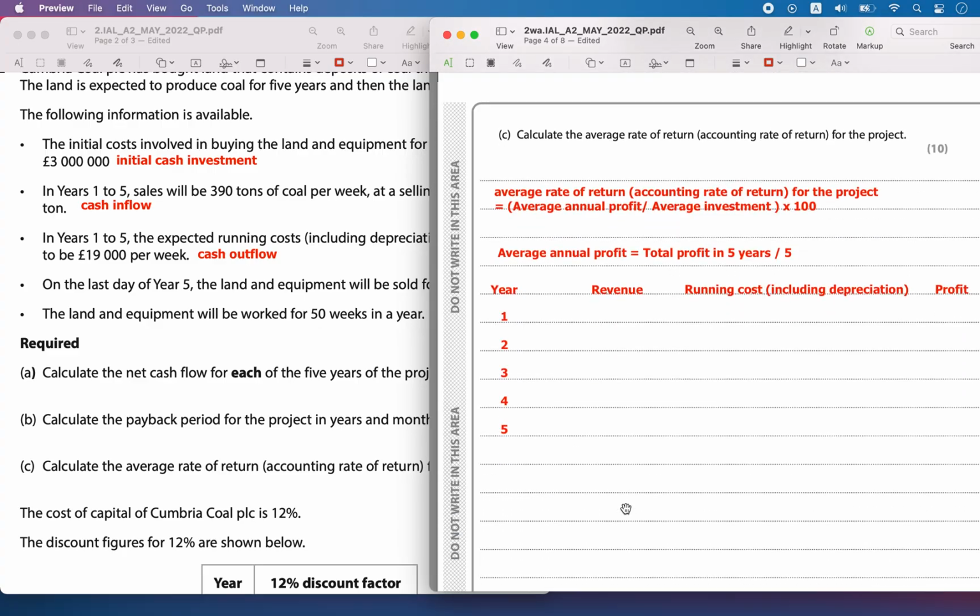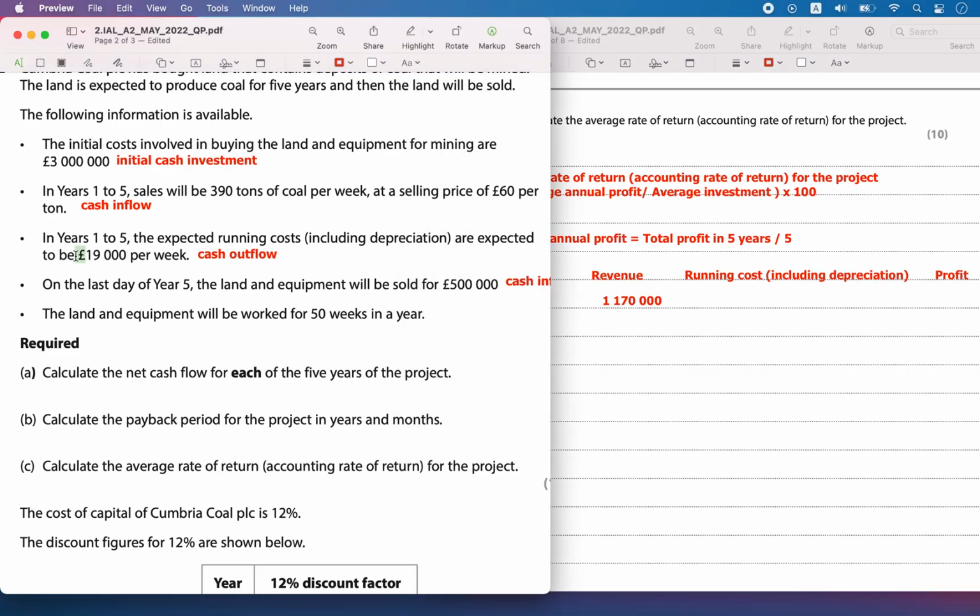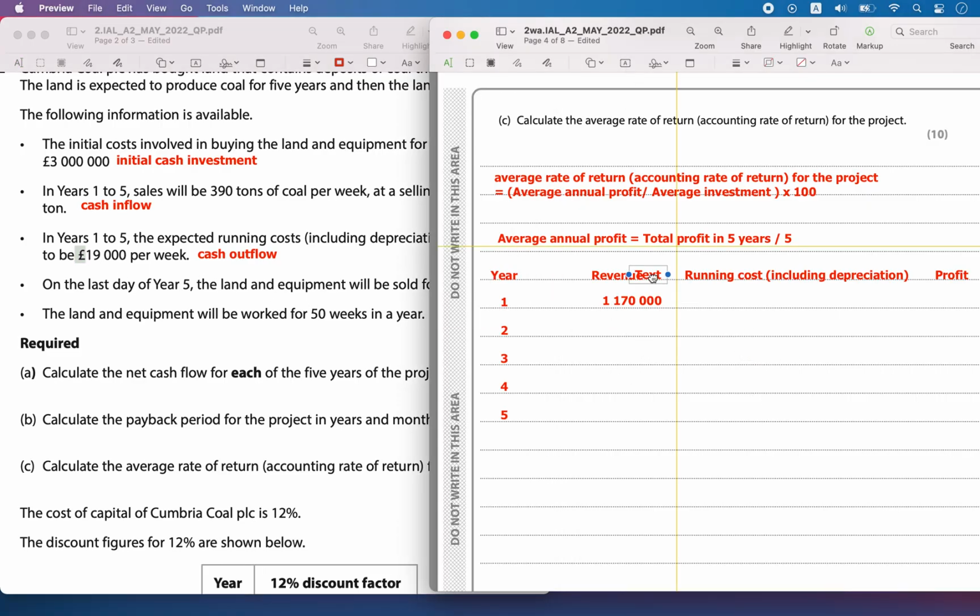Let's write the units here. Everything you are indicating and calculating is in pounds, so write pounds at the top. The revenue each year is going to remain the same, so in the second year it is also 1,170,000, the fourth year also, and the fifth year also, because you will not include the cash transaction in the profit statement.